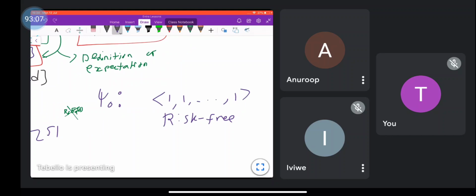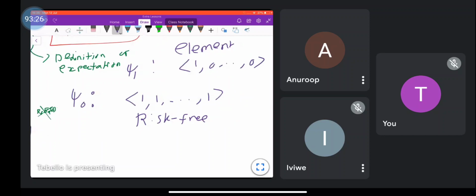When you are looking at state 1, under its elementary state it will have a payout of 1, 0, 0 up to 0, and for state 2 you will have 0, 1, 0 up to 0.